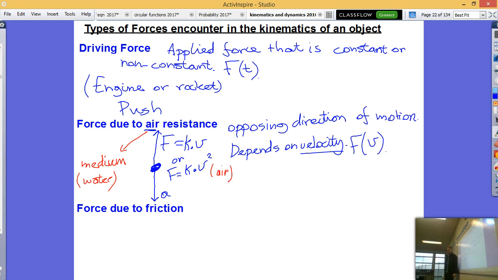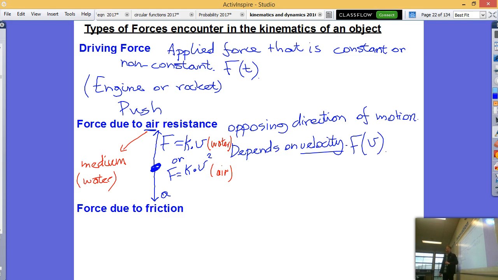Now, what you'll find is that resistance in the air medium behaves such that the force depends on velocity squared. Resistance in, say, a water medium would actually be a linear function of velocity.